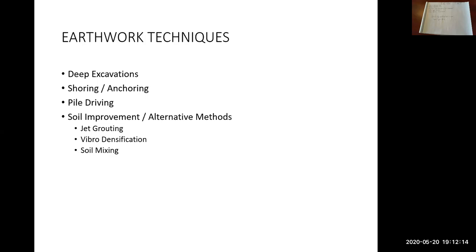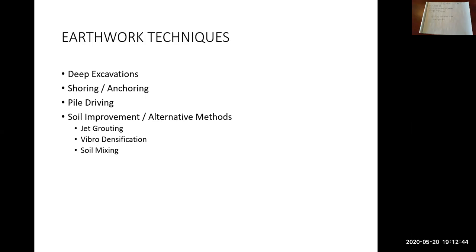Those types of piles are used, so the steel piles can be used to increase the bearing capacity of the ground. So if the ground is too soft to build a big building on, you can pound in these steel pipe piles, and then the building foundation sits on those pipe piles. So the pipes are what supports the building, not the ground.